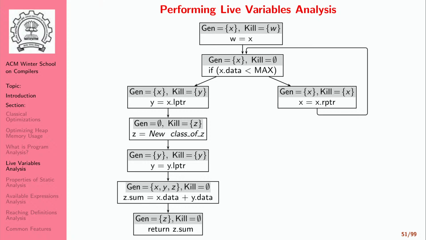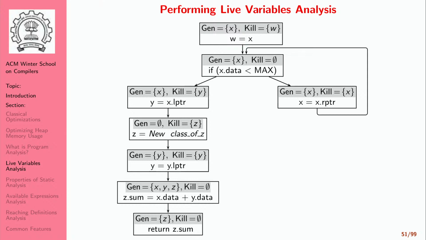Gen and kill sets may have an overlap between them, right? They may be intersecting. Okay, here liveness of nothing is generated, however liveness of z is being killed. In this statement, liveness of x is generated, liveness of y is killed.